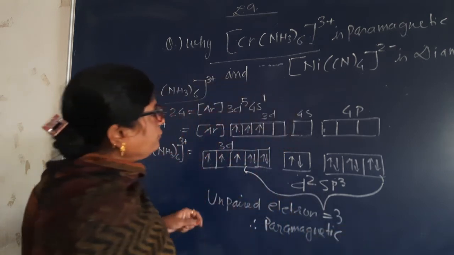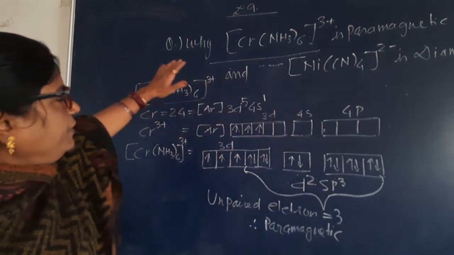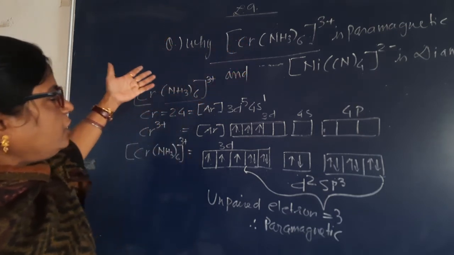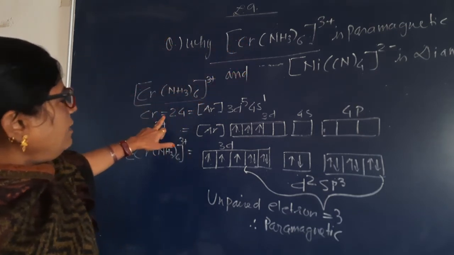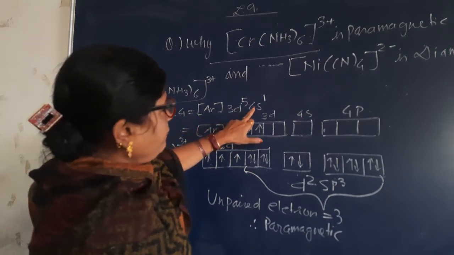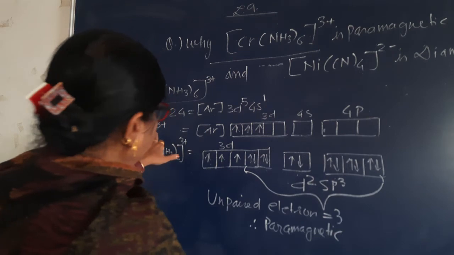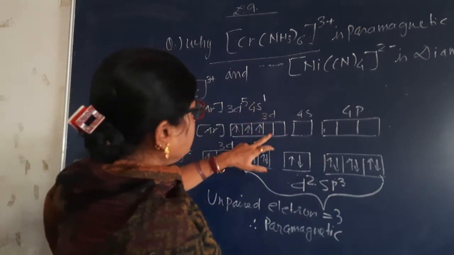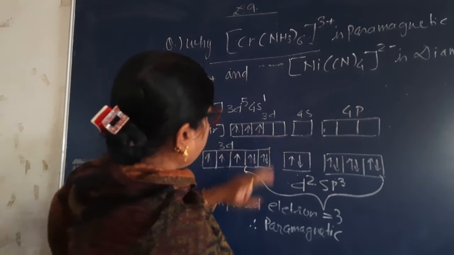So this is a very easy question. You see, first we found out the oxidation state, Cr3+ is the oxidation state. It is already given here. So for Cr, we have to write its configuration. So argon 3d5 4s1. Cr3+, how to write? Argon, 3 plus, 3 electrons are lost. So 1, 2 and 3 electrons are lost.